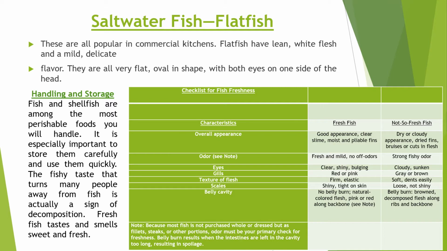So once you see that the eyes are very clear and shiny, that means the fish is fresh. But if you see the eyes of the fish are cloudy or look whitish, that means the fish is not fresh. This is how I used to do it when I used to buy fresh fish.